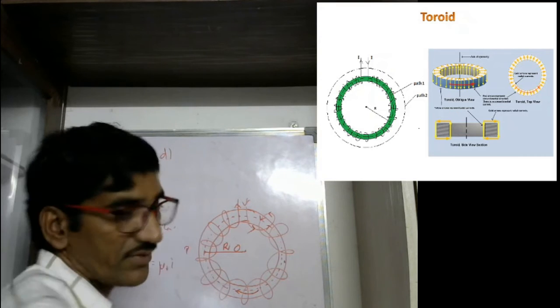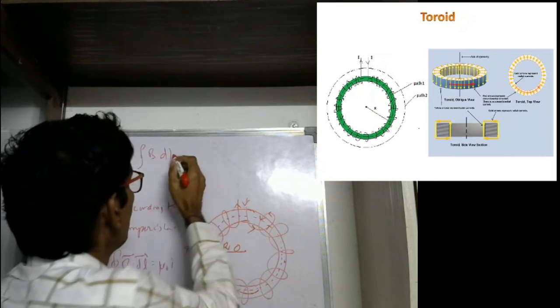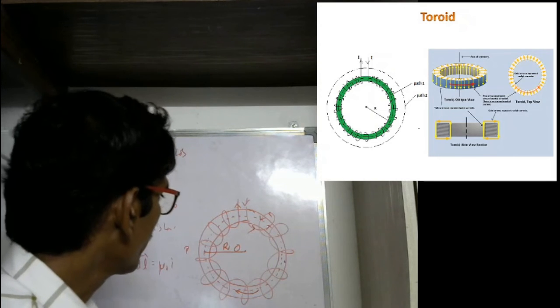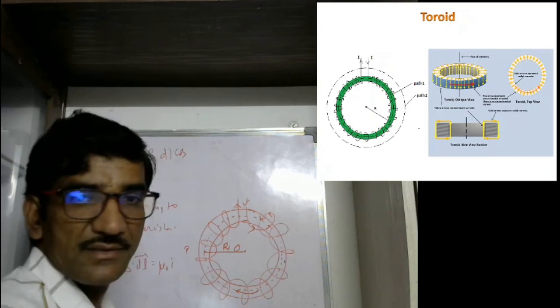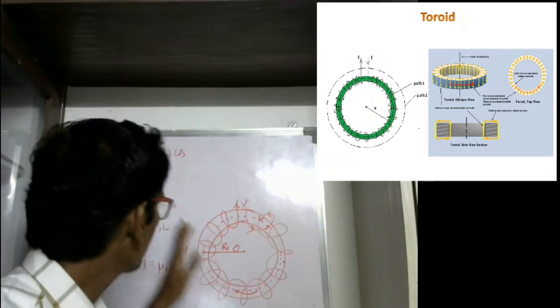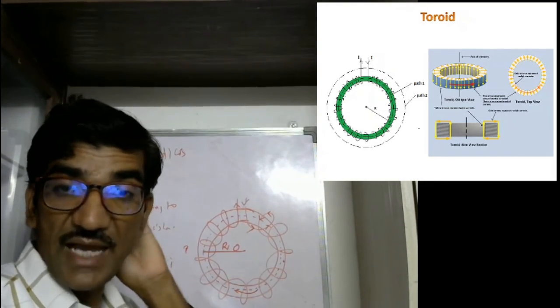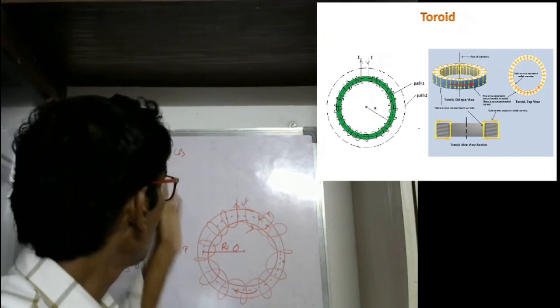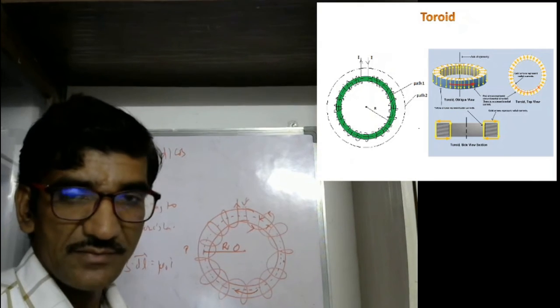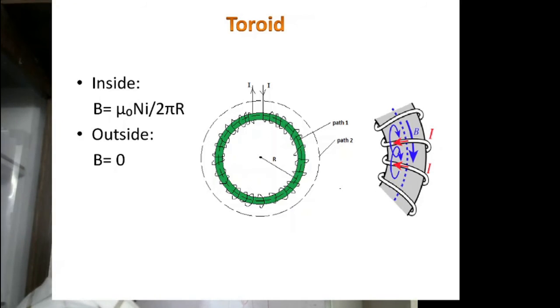This is the magnitude of B, this is the magnitude of dl, and cos theta. What is this cos theta? It means the angle between dl and B. Now you can see how B and dl are parallel.